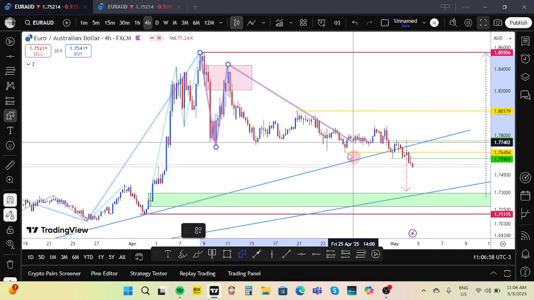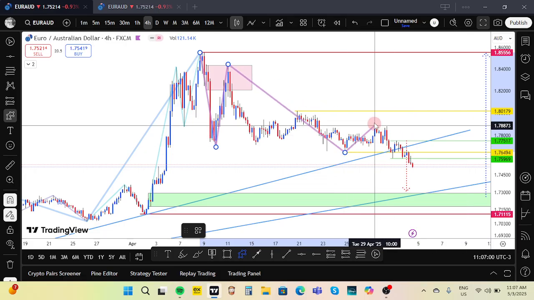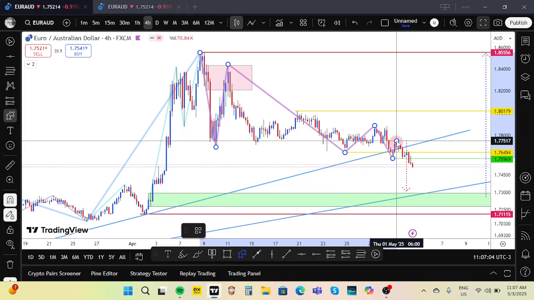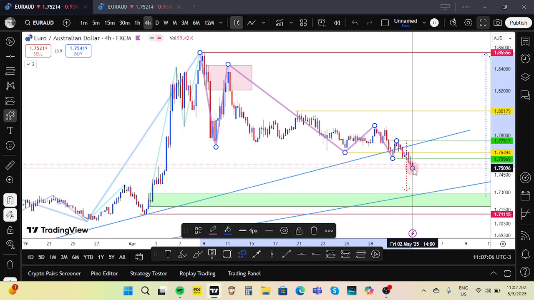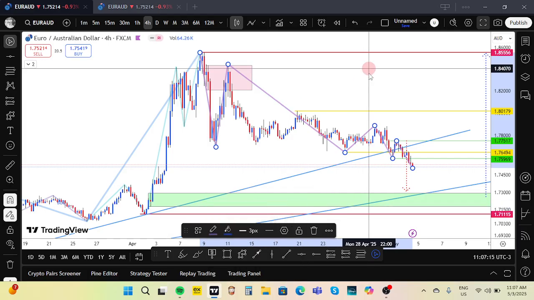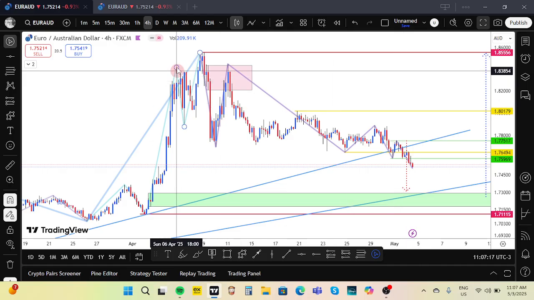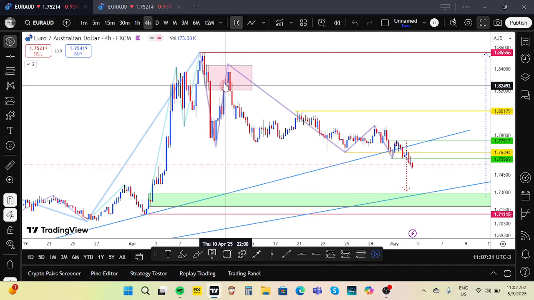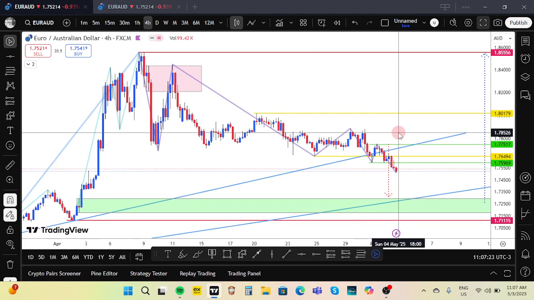So the next lower low is going to be here, and the lower high, and I have a lower low here, and I have a lower high here, and I have a low, not a lower low yet, but a low. So I have that right here, right now, for me, on the 4-hour time frame. So this is the short-term trend as the smaller structure. I personally refer to the short-term trend as the smaller structure.